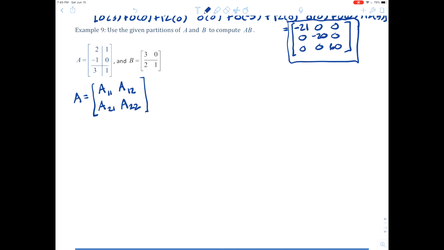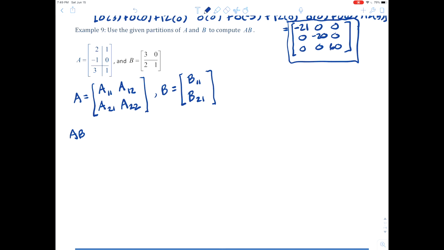And then we could say that matrix B is equal to capital B11, capital B21. Cool, cool? All right. Well, how would we find AB in terms of these big matrices? So let's check it out.